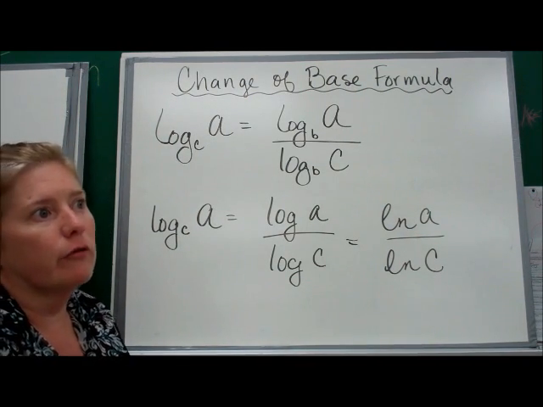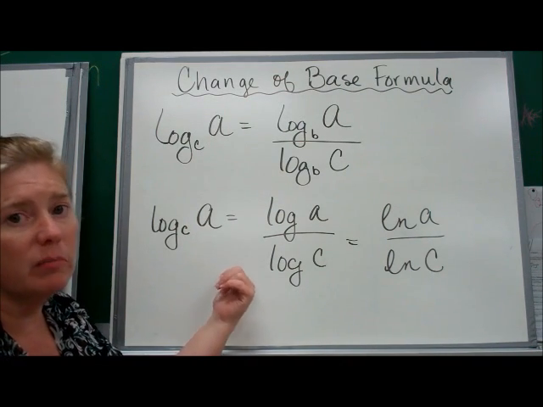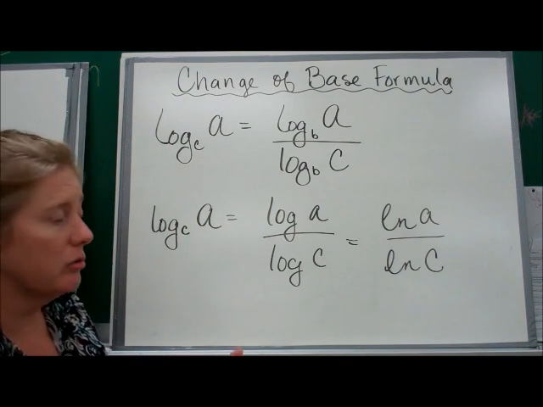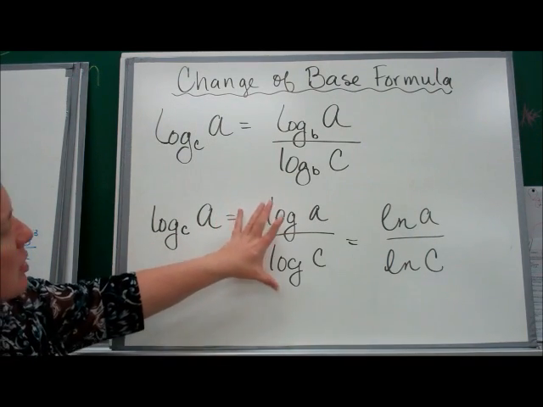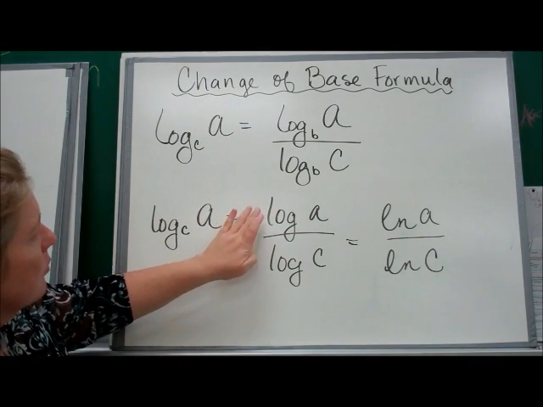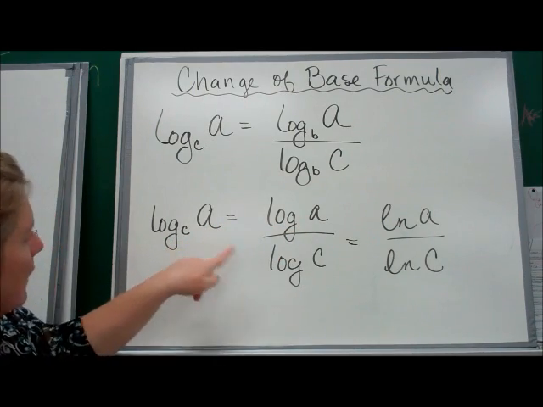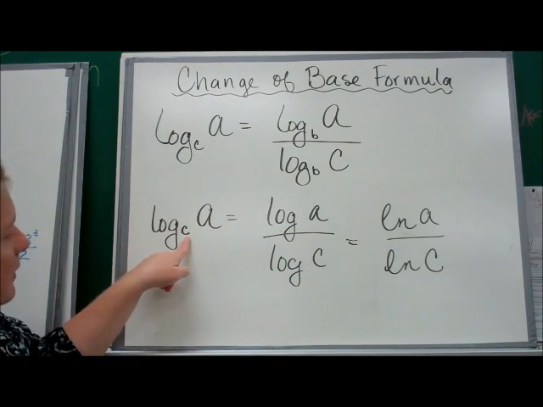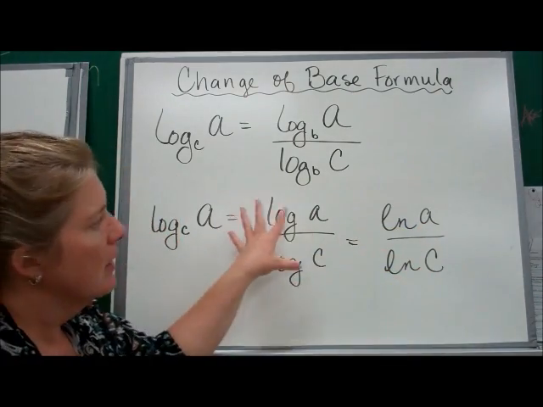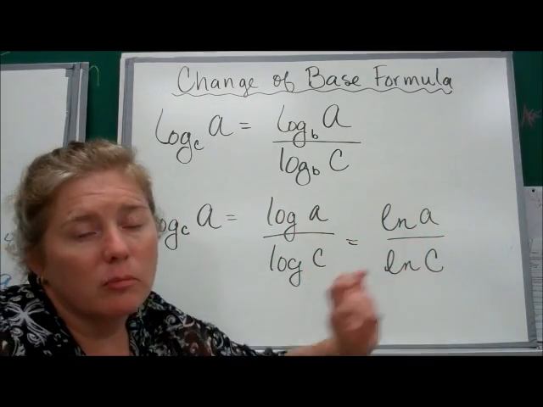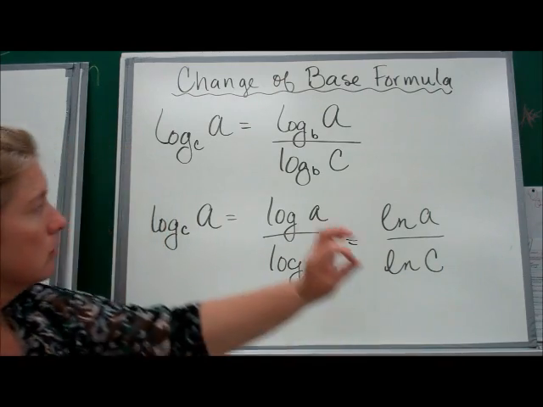Log base 3 of 14, I would definitely use the change of base formula to find the answer. So log base C of A, we can change it to a common log. It's going to equal the log of A divided by the log of C, or the natural log of A divided by the natural log of C. It's going to give you the same answer no matter what you change that base to.